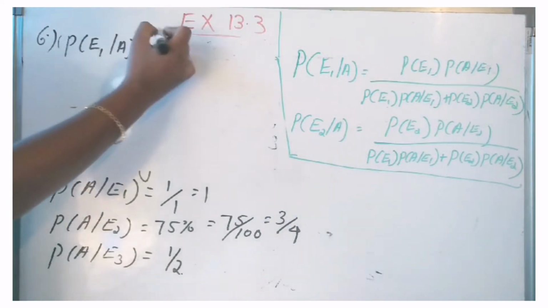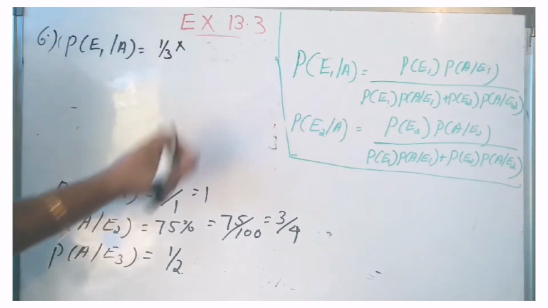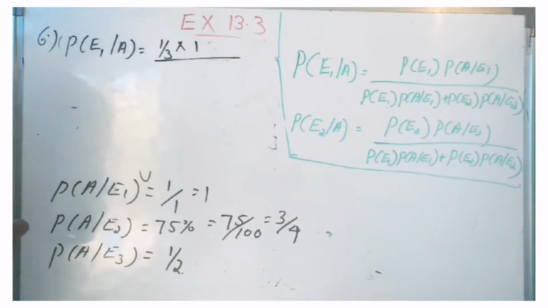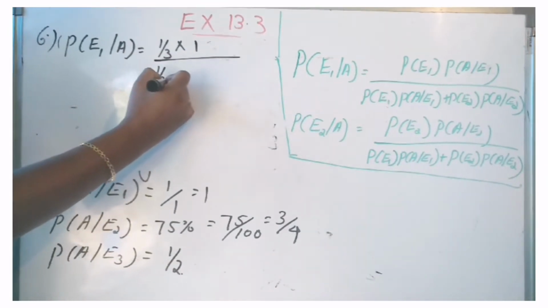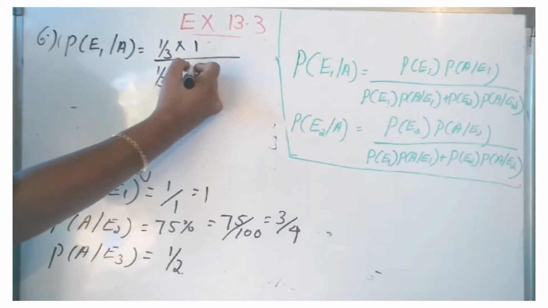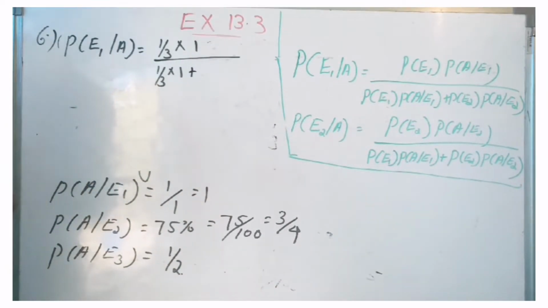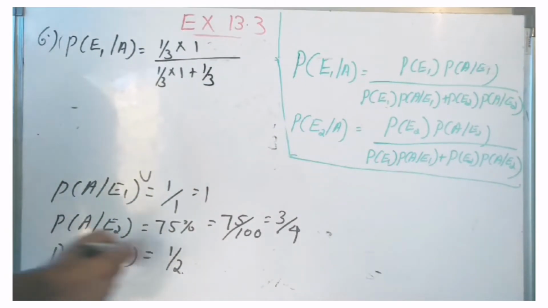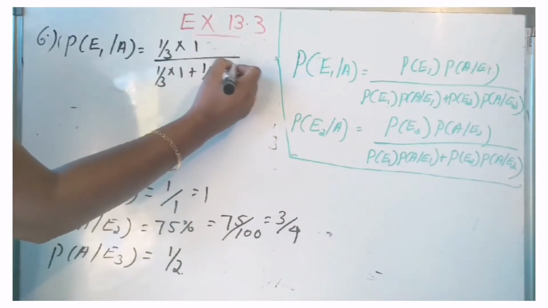Here P of E1 is 1 by 3 into P of A given E1, 1, all divided by P of E1, 1 by 3 into P of A given E1, 1, plus P of E2, that is 1 by 3, P of A given E2, 3 by 4.